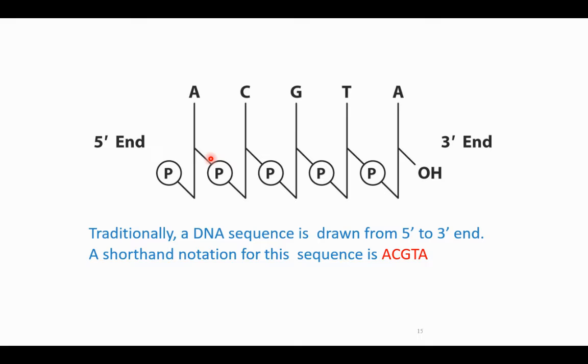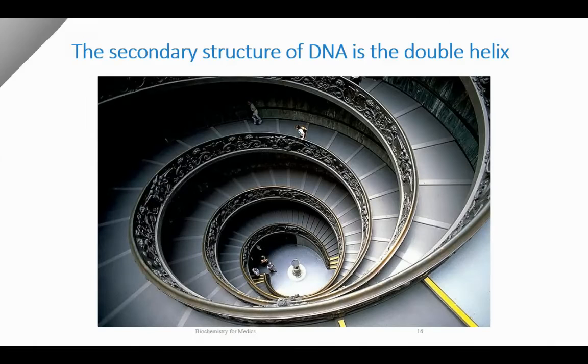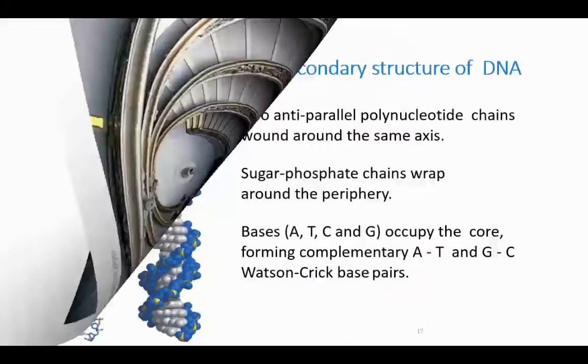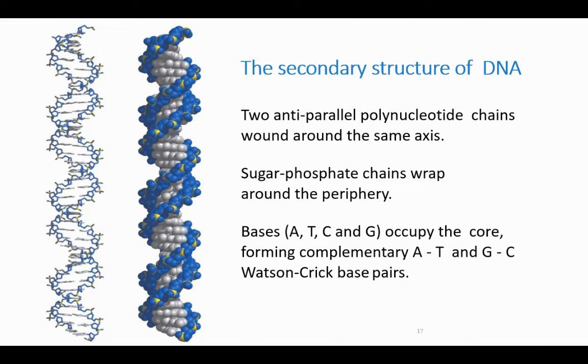Now, the secondary structure of the DNA is called the double helix. The double helix is anti-parallel. Take note, why is it anti-parallel? Remember, I mentioned the direction is 5 prime to 3 prime, so the opposite strand is going in the different direction, but it is wound around the same axis.